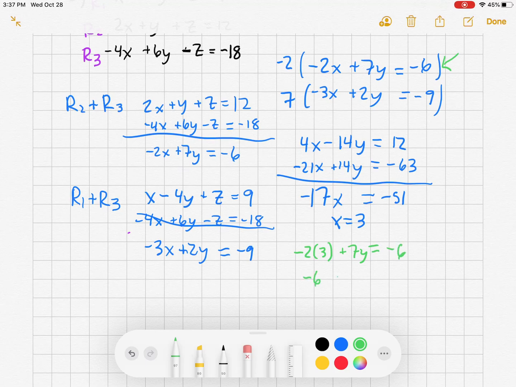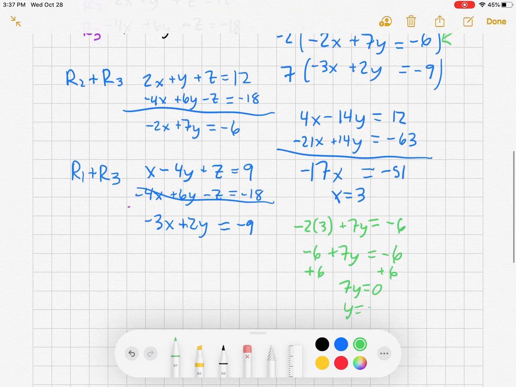So we get negative 6 plus 7y equals negative 6. Now I'm already getting hints that y is going to be 0, mostly because we're adding the same thing and it's not changing, but we'll just solve the rest of the way to be for sure. We get 7y equals 0 and y equals 0.